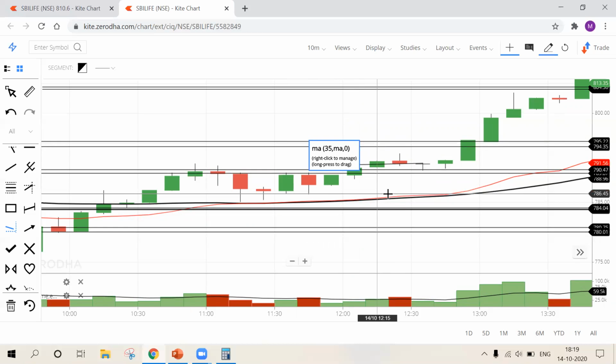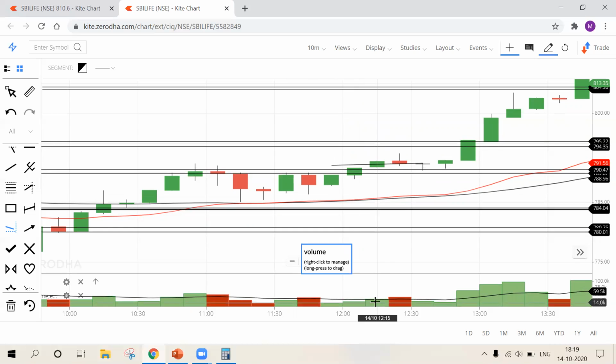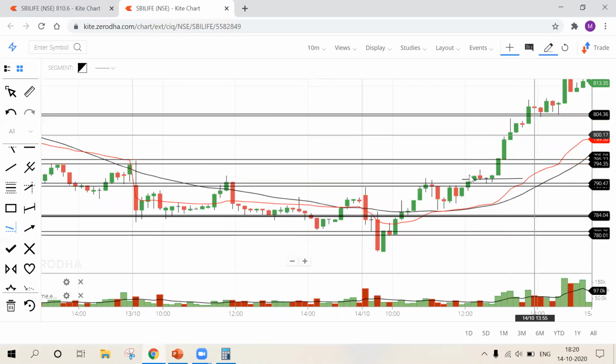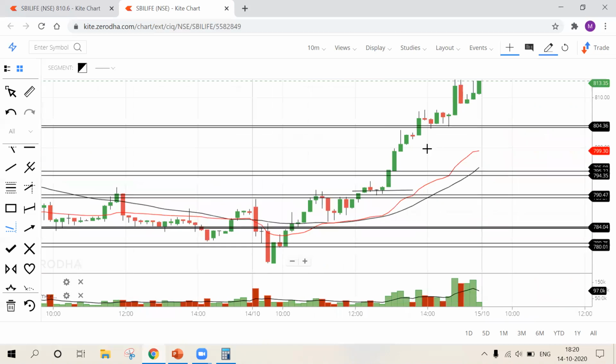One is key level rejection, second is higher high formation. Third is VWAP. Fourth is the 35 moving average. Candles are above these two indicators. And fifth confirmation is volumes. Volumes are also touching the black line, which is the 10 moving average on the volume chart. So I'll be entering here. This should be my first target. This should be my second target. Boom. It's that simple.